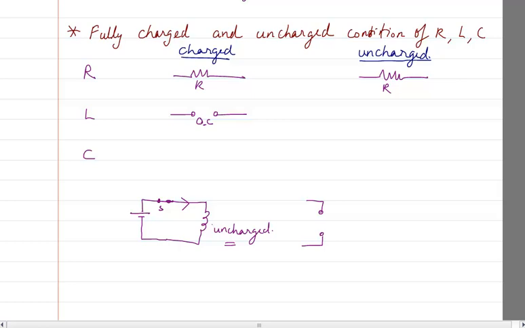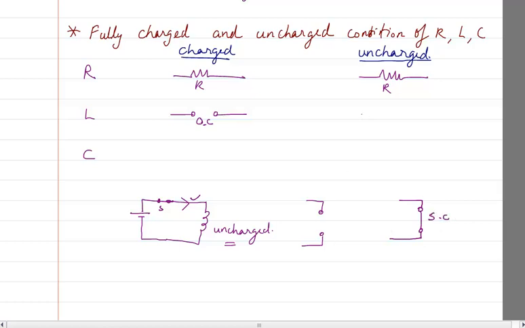And when the inductor is charged, there is no opposition to this current. It fully allows the current to pass through. So it will be as if all the current is allowed to pass through. There is no opposition to that current. So this is short circuit.